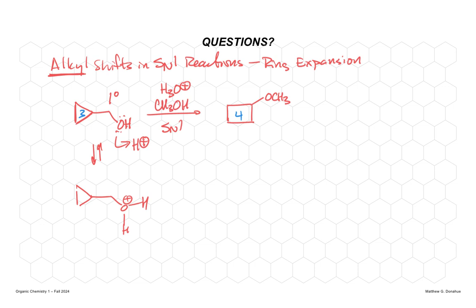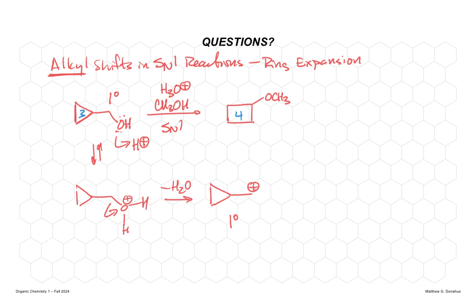I can show it stepwise, but ultimately you want to think of this stuff happening all at once, where the ring expands to shove out that OH group. But if we draw it stepwise and this ionizes, that's a primary carbocation, which we said was bad.